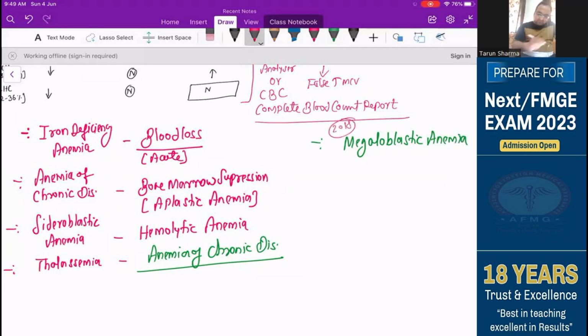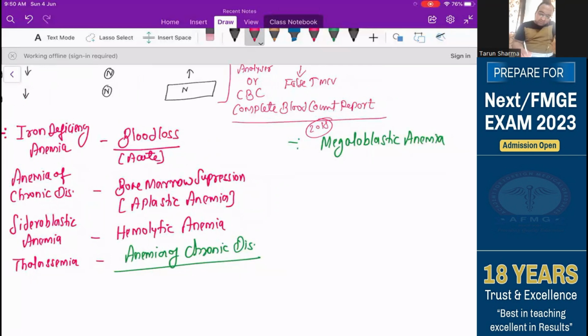They asked a very simple question, that if MCV is 110, then what should be the anemia? And the answer was megaloblastic anemia. It was very simple because the MCV value was given, 110 femtoliter. That is more than 100, so it must be a megaloblastic anemia.